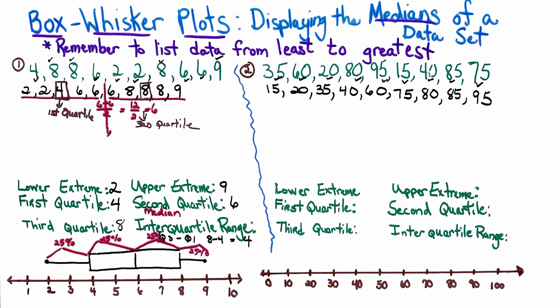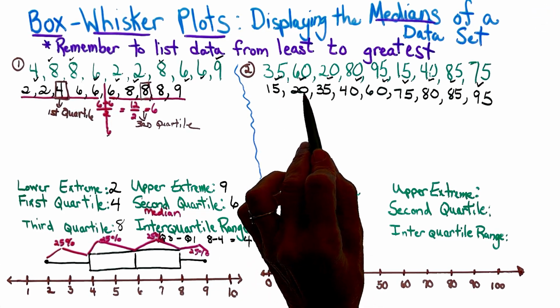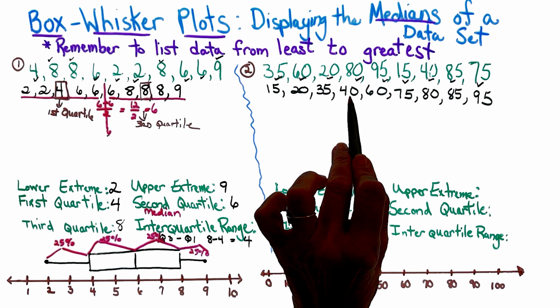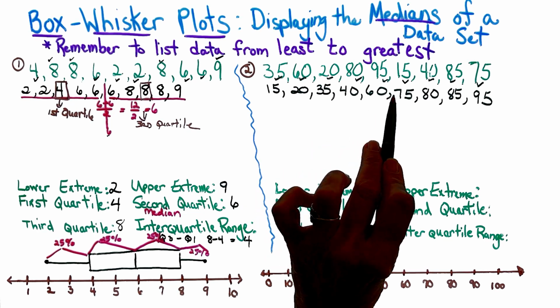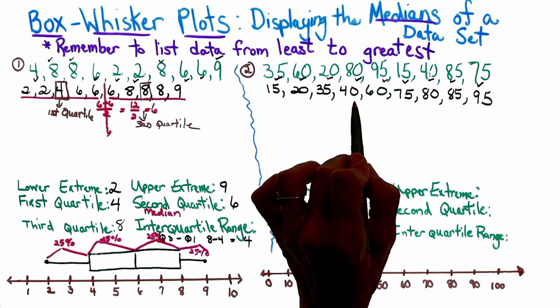So now I'm going to find my median. And with 9 data points, the second quartile, or the median that comes from that, is pretty easy to find. So let's, again, count, and I'm going to mark it and separate it. I have 1, 2, 3, 4 on this side, and I have 1, 2, 3, 4 on that side.